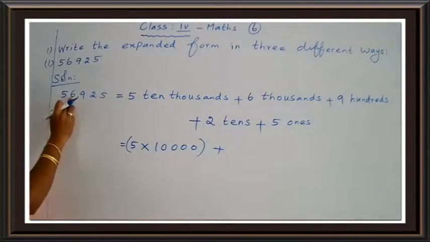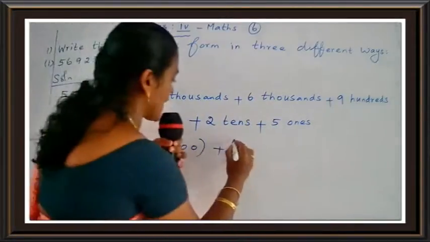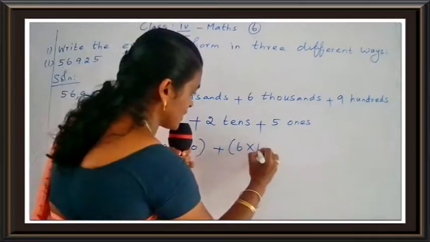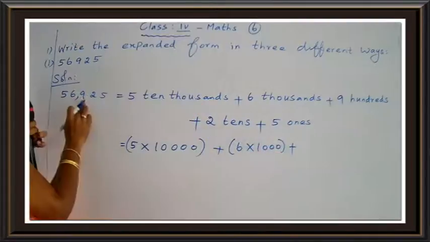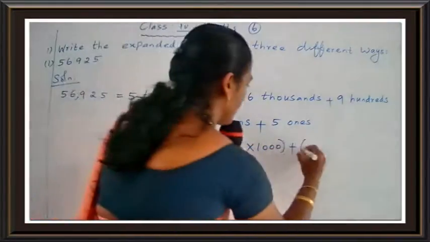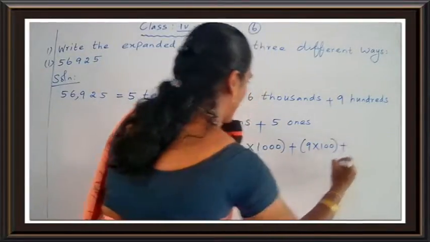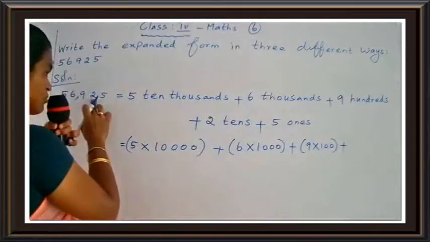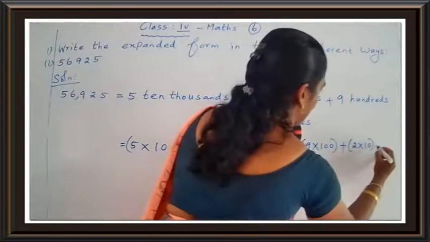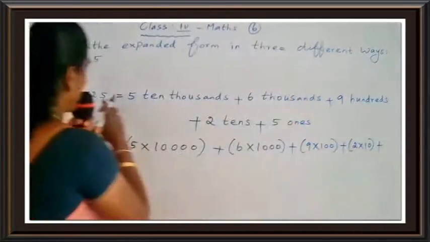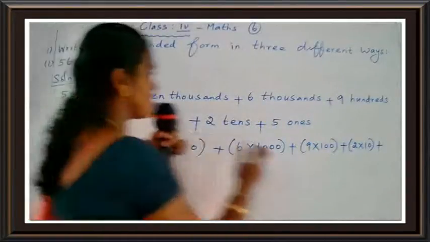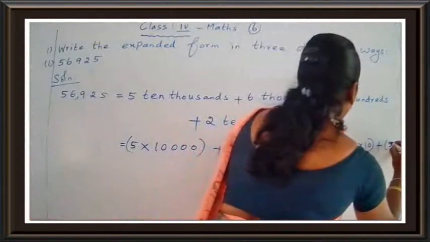Next, 6,000. So 6,000 can be written as 6 into 1,000, plus the next, 900, so 9 into 100, plus 2 tens. 2 tens can be written as 2 into 10, plus 5 ones can be written as 5 into 1.